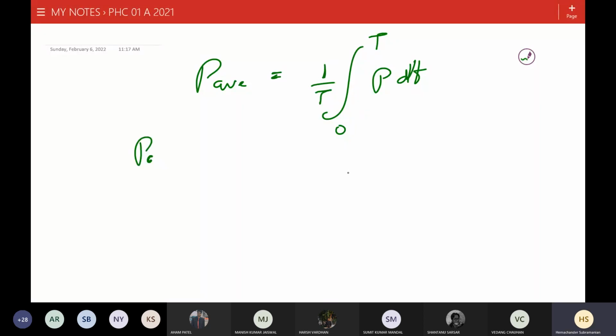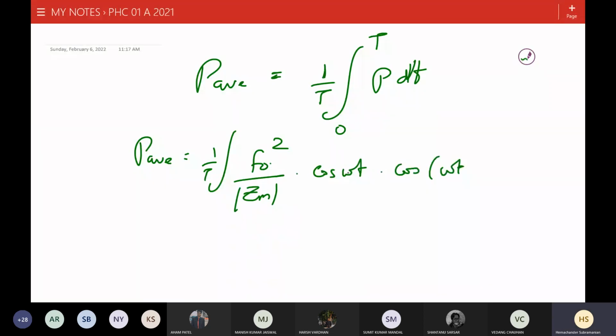So P average is the integral of 1 over T, F naught squared over Zm cos(omega t minus phi) dt from 0 to T.